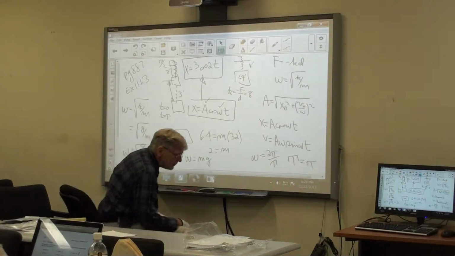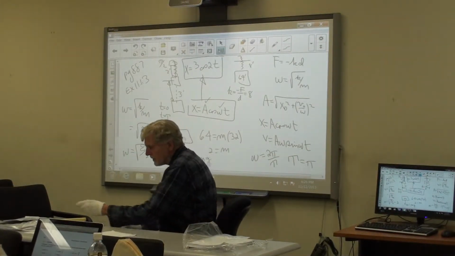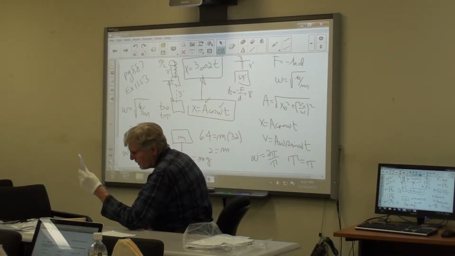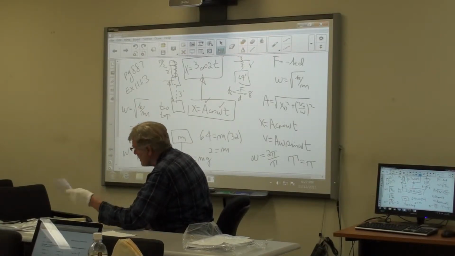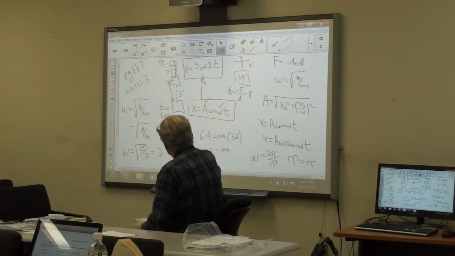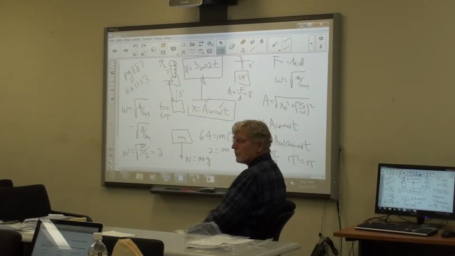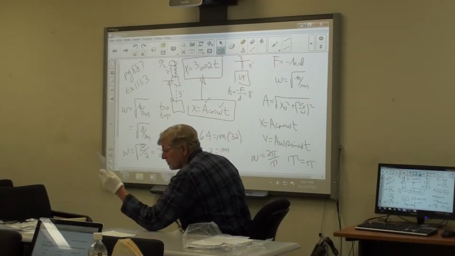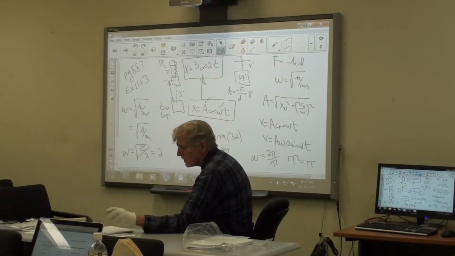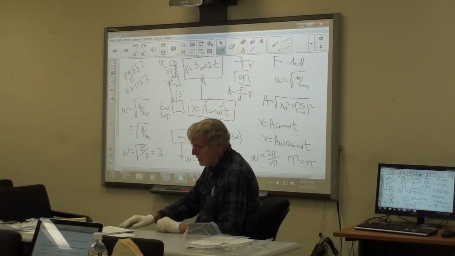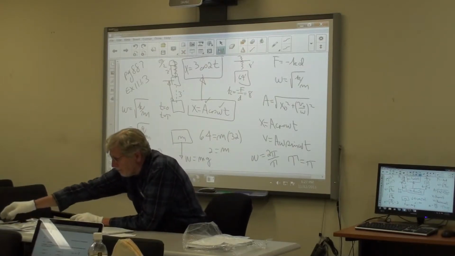Now, the only thing that changes now is that when this object is pulled down, then it is kicked upwards with a speed of how much? 8. So what they did with this object was just what we're doing with this pendulum.